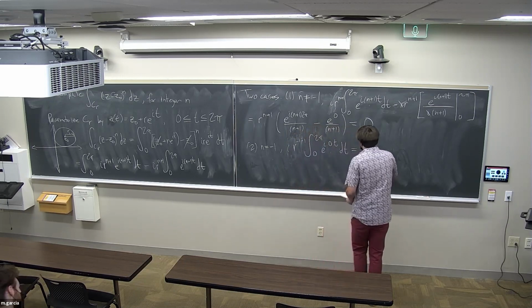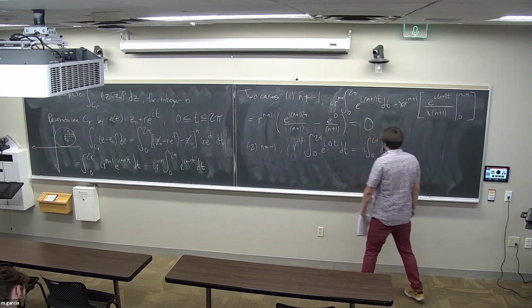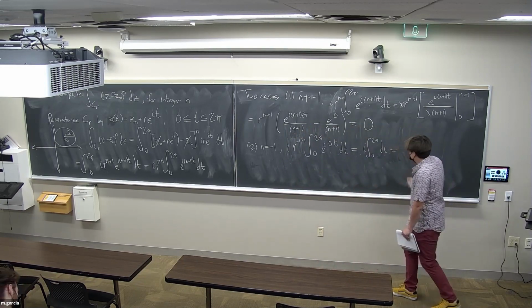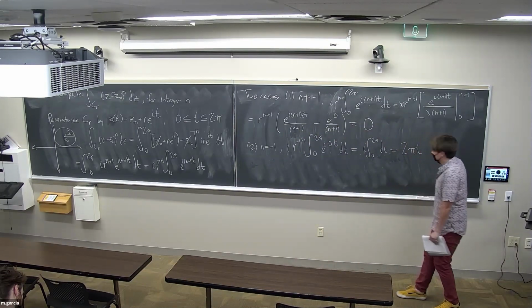Or in other words, i times the integral from 0 to 2 pi of just dt. Evaluate this right away. It's just 2 pi i.